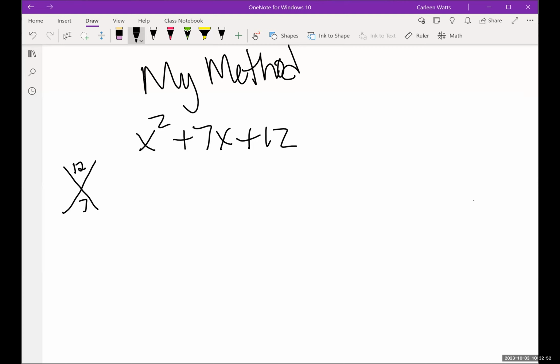And then I ask, what are 2 numbers that multiply to get 12 and add to get 7? 3 and 4. Because this is an easy factor, I don't need the box.